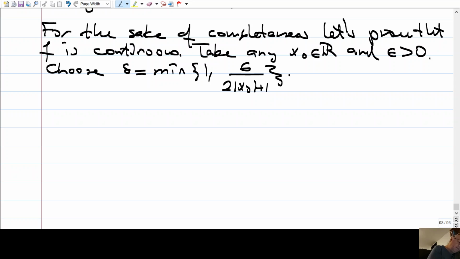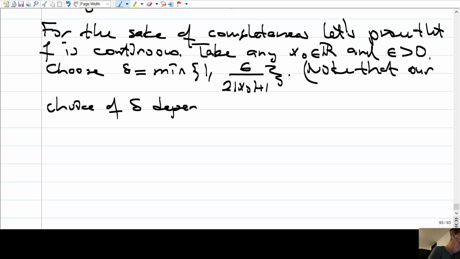Okay, then you see my delta depends on epsilon and x0, right? Note that, let me write in parentheses, note that our choice of delta depends on epsilon and x0.